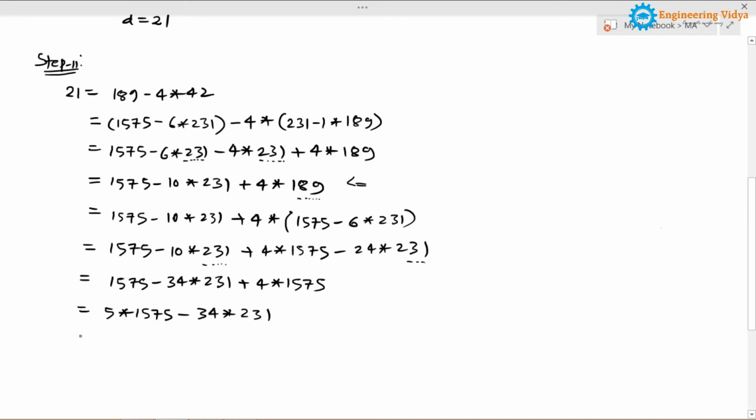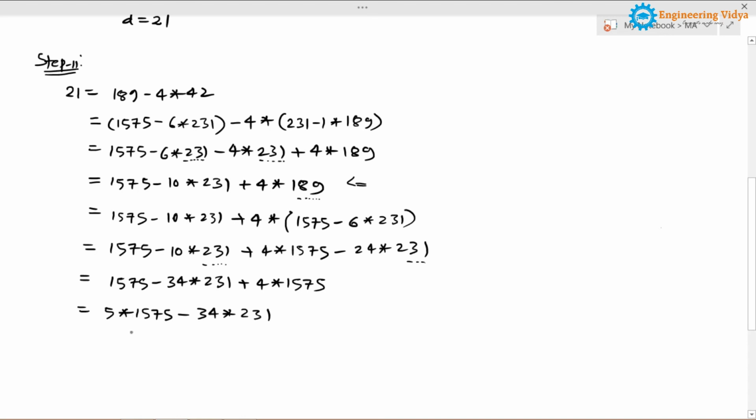Now I'll check whether we can stop over here or not. The rule is very simple. Once we get the equation in terms of a and b, and other than a and b, if we don't have any remainder part of the GCD process, then we can stop.